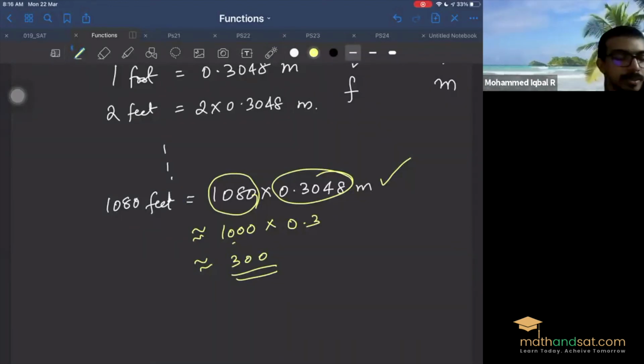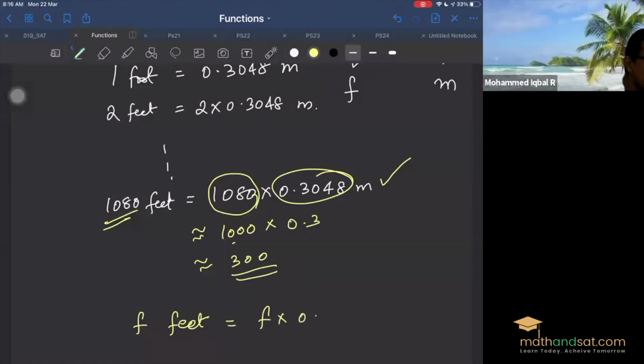Is that okay? Yeah, cool. So the relationship between, if I have, instead of 1080, f feet, that will be f times 0.3048 meters.